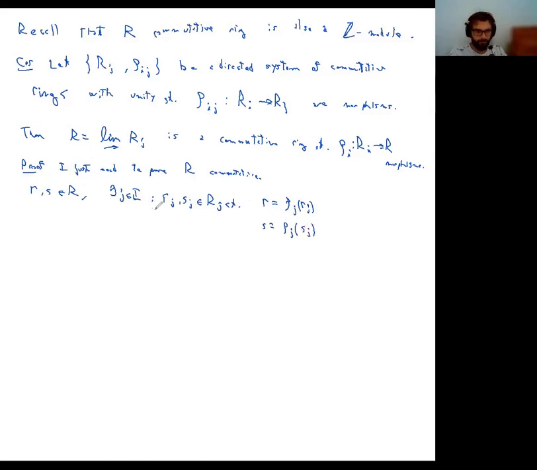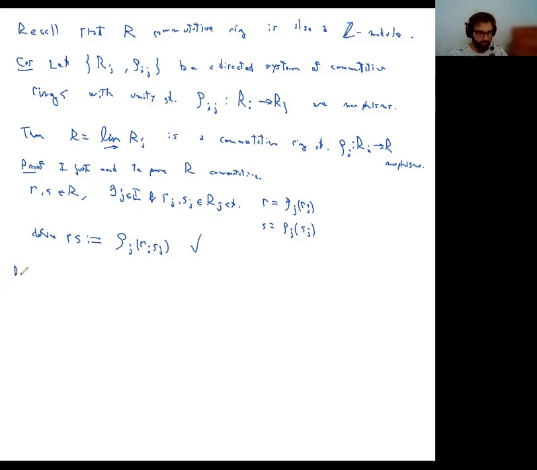But then we can define r times s as simply the image of r_j s_j. And since this is commutative, now this is commutative. And everything is respected because this rho_j is a morphism of modules, and everything works.